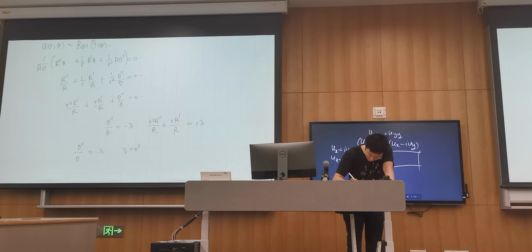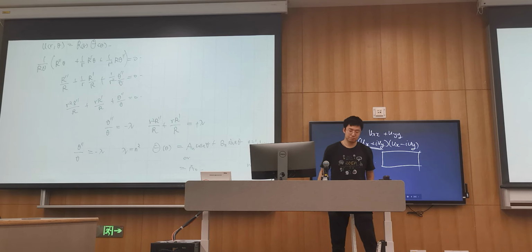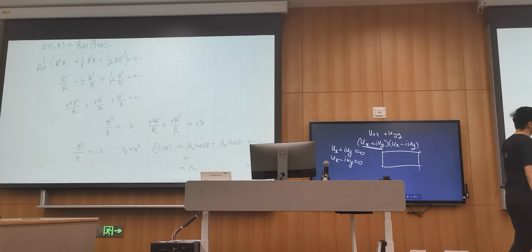My theta can only equal a_n cosine n theta plus b_n sine n theta, for n equals 1, 2, and so on, but there's another specific choice for n equals 0, which means theta equals a_0. It's also okay for my lambda equals 0 and my theta is a constant, not necessarily a constant function.